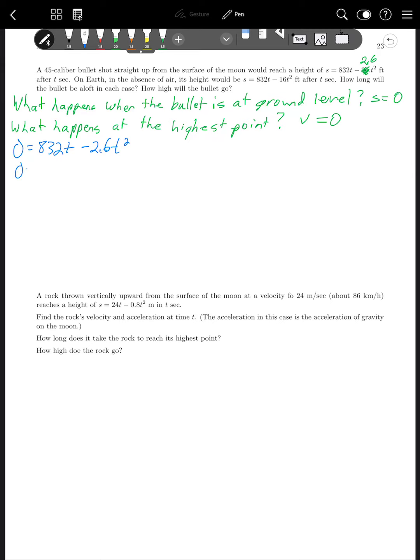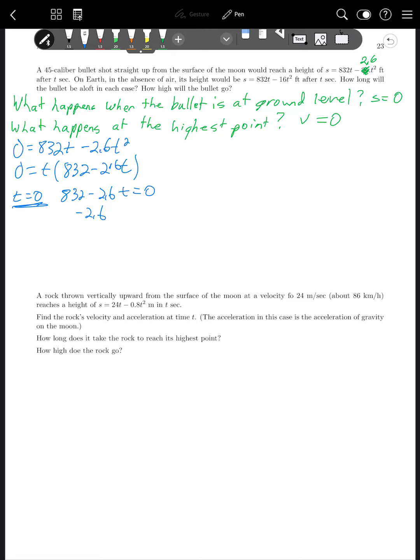Factor out a t, and set those equal to 0. So t equals 0, and 832 minus 2.6t equals 0. At time 0, the height is 0, but that doesn't really matter. That's the beginning of the problem. So it starts there. But then we want the answer to this other piece.